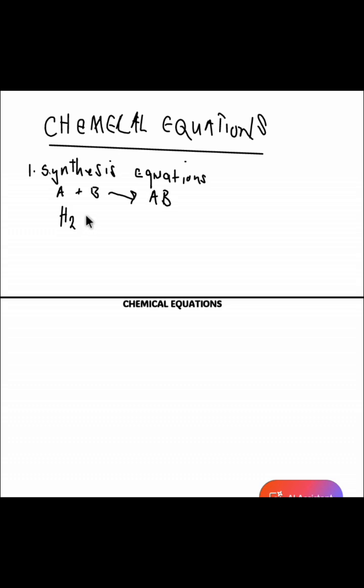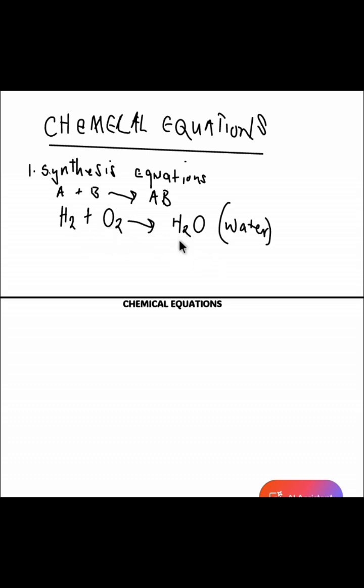Then from there, we are going to form a product, which is water, H2O. So this is the compound that has been formed. You have one element and another element reacting together to form a single compound, in this case water.